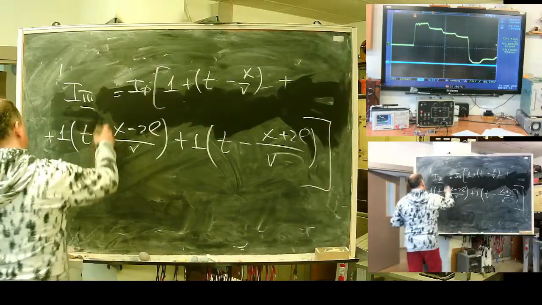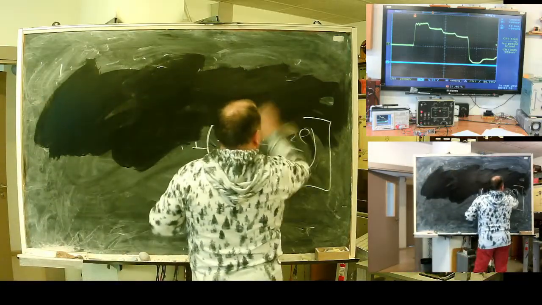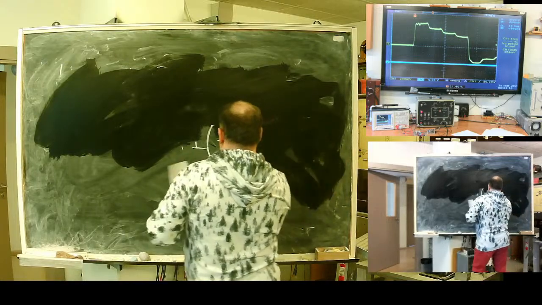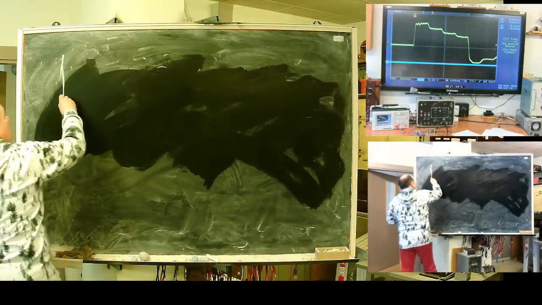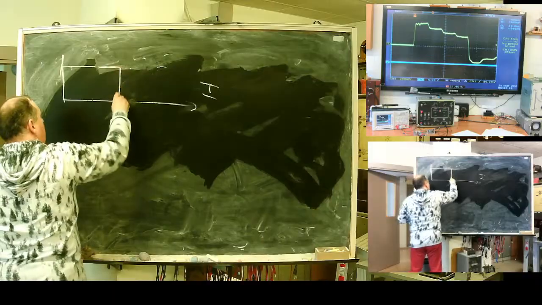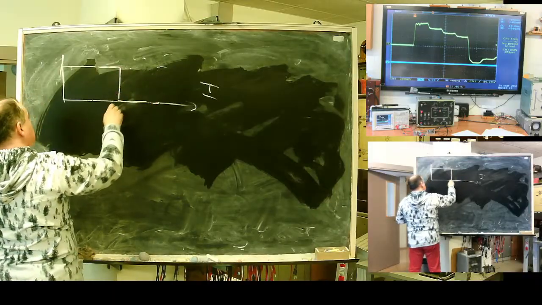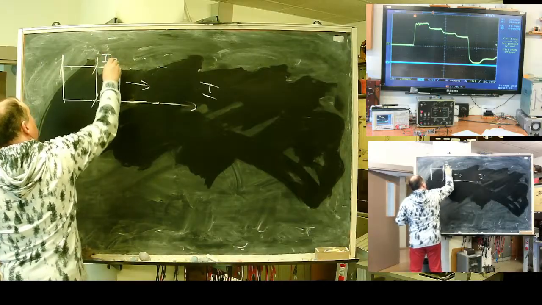What happens if we control current? For the first stage, we see a propagating wave of rising current, I0.